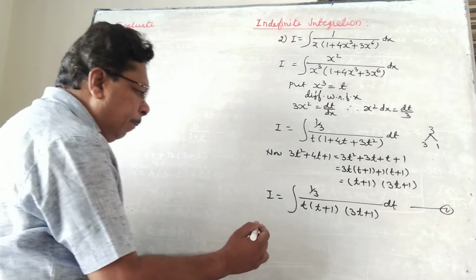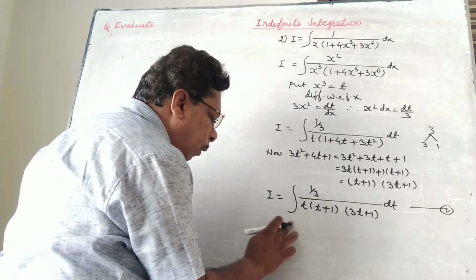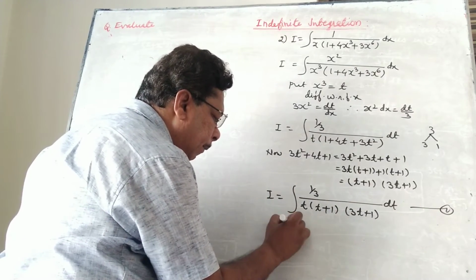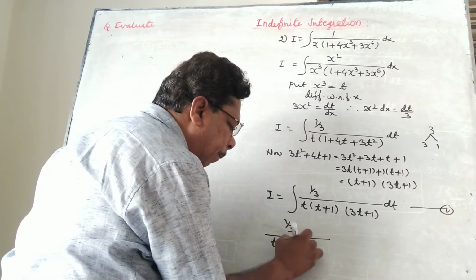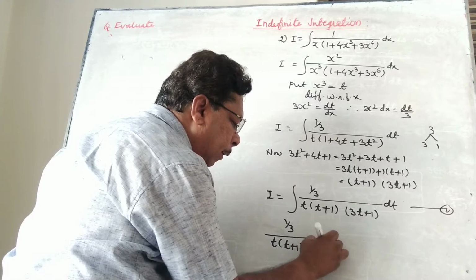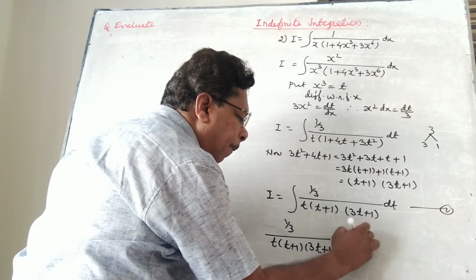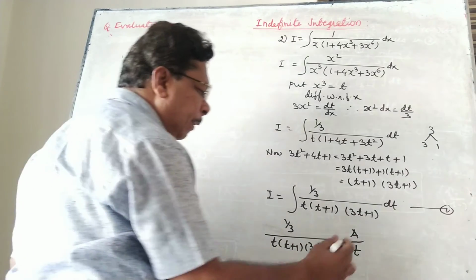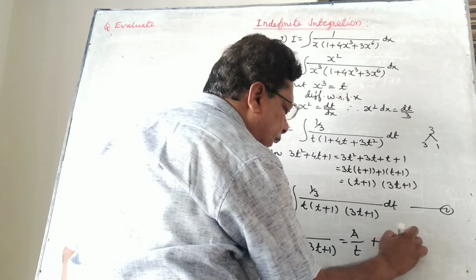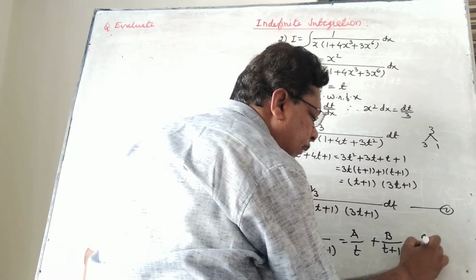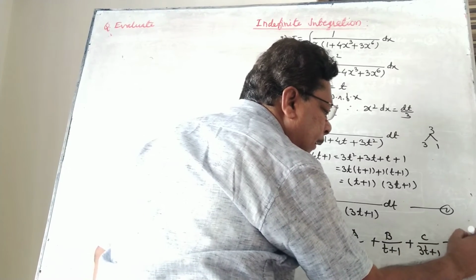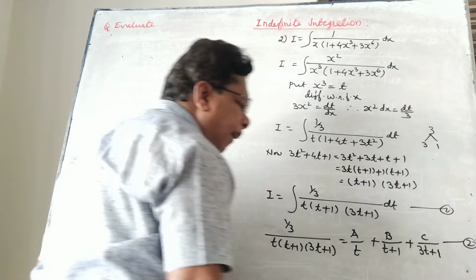Now take this term 1 by 3 upon t into t plus 1 into 3t plus 1, which is equal to a upon first factor t plus b upon t plus 1 plus c upon 3t plus 1. Say this equation 2.